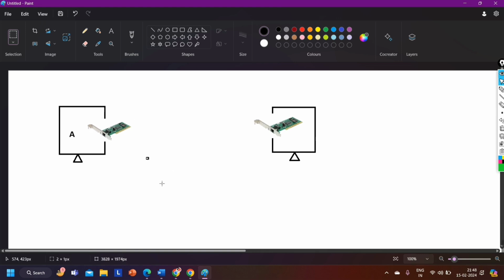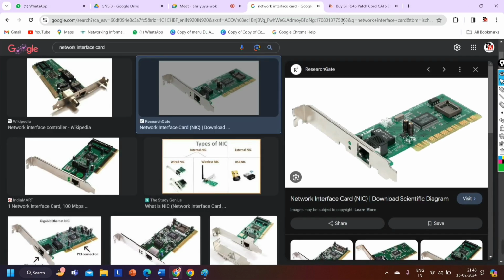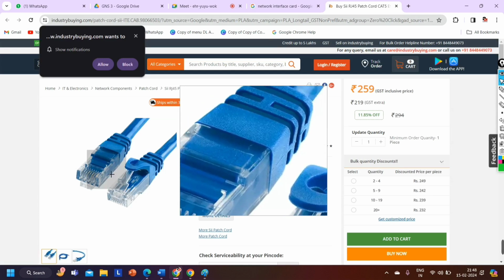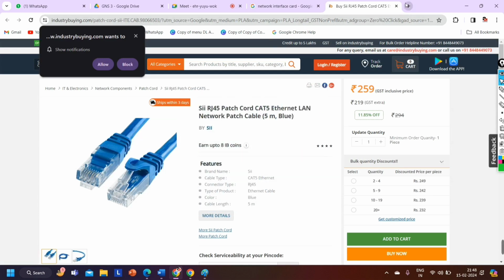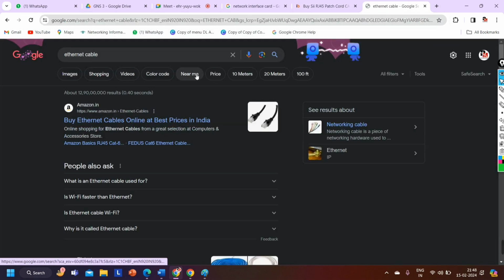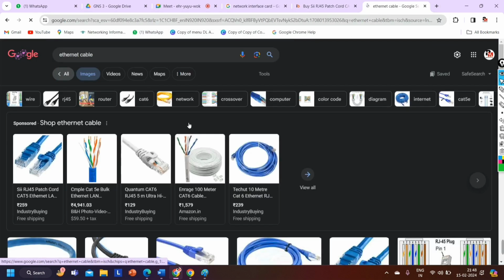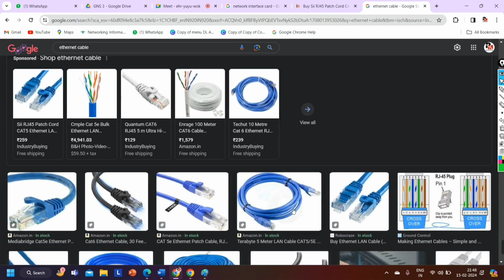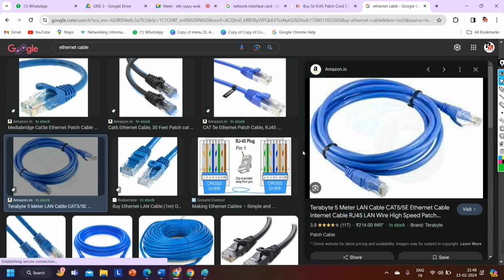Now what do we need? We need a cable. Which cable? A cable with this connector, yes, RJ45. This type of cable. Correct?